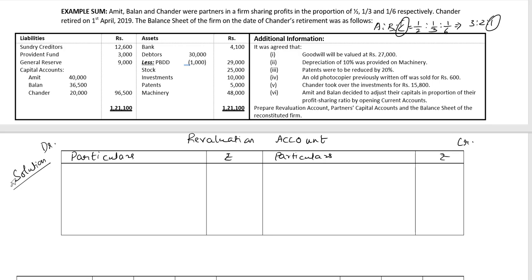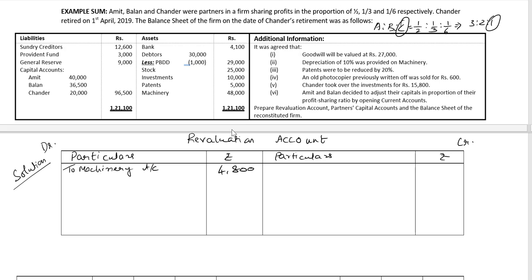The first point in the additional information, it's about the goodwill. We'll ignore that for now. Second point, depreciation of 10% was provided on machinery. So to machinery account, 10% of 48,000, 4,800 rupees.